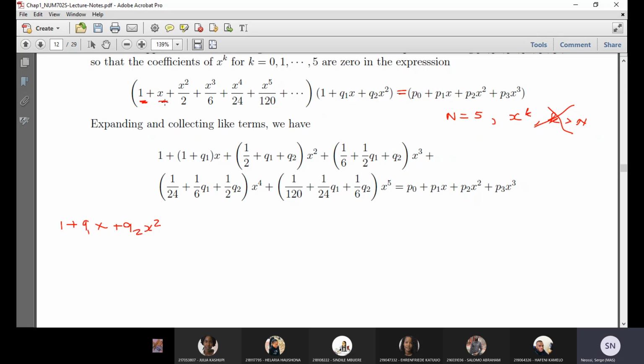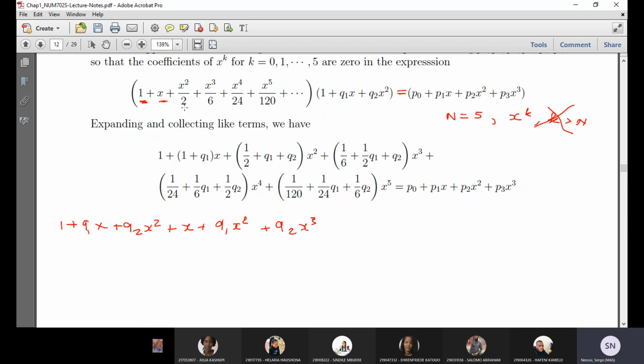Now, if I take x, if I multiply each by x, it will be x to the 3. So I can write everything without any problem. So plus x plus q1 x squared plus q2 x cubed.